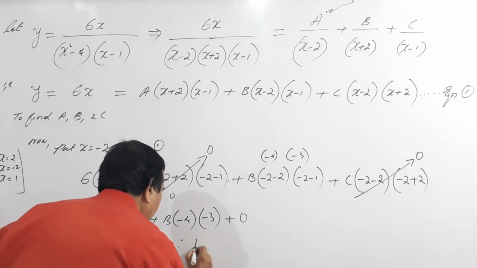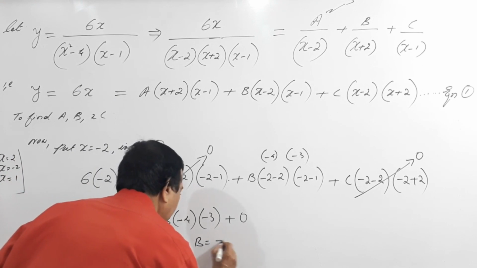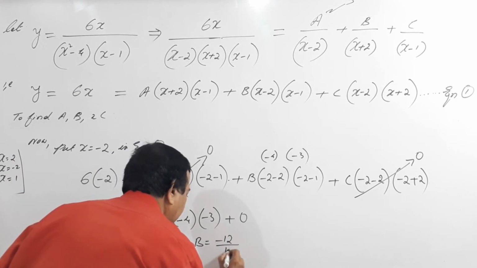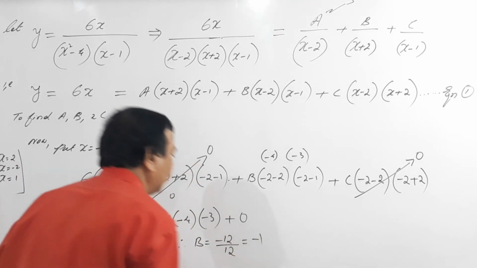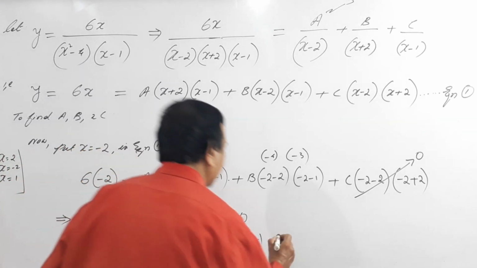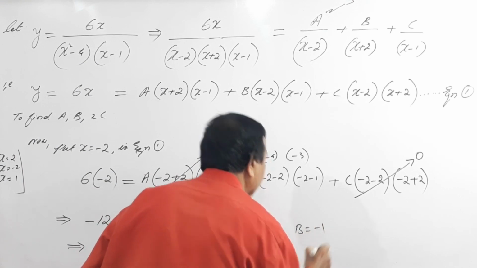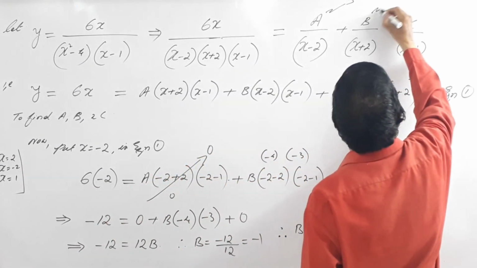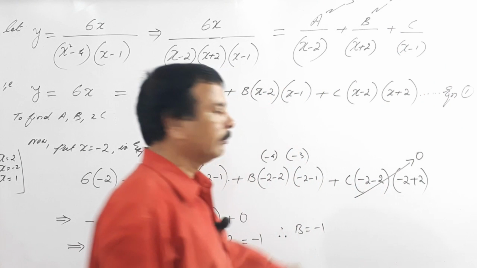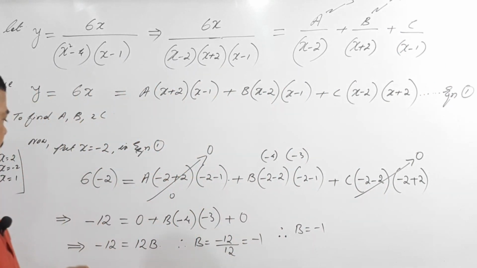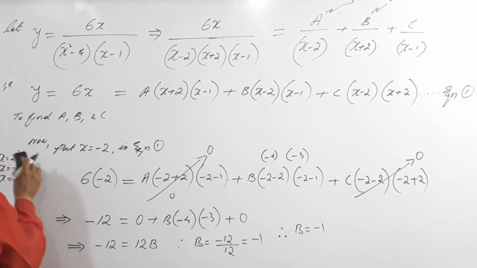Therefore b equals minus 12 by plus 12 equals minus 1. Therefore b equals minus 1. So b is nothing but minus 1. I'll rub this, make a note.